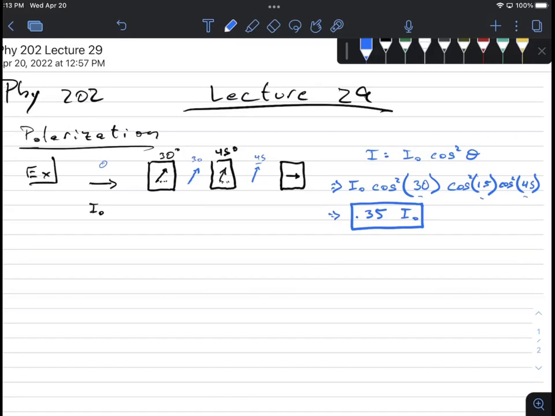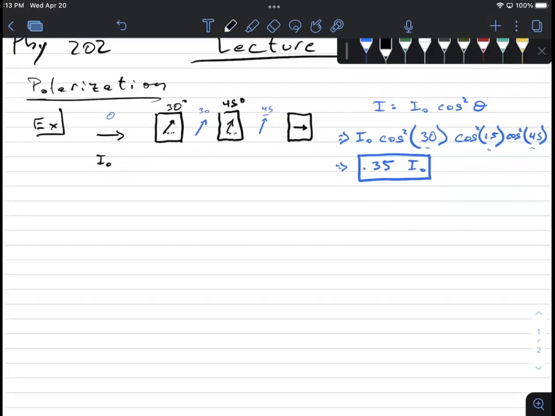All right, let me do one more really quick, just to make sure we get all the little various things. Let's say we start with unpolarized light. And that's the symbol for unpolarized that I use. And I want to get through a few filters. So let's say these two.